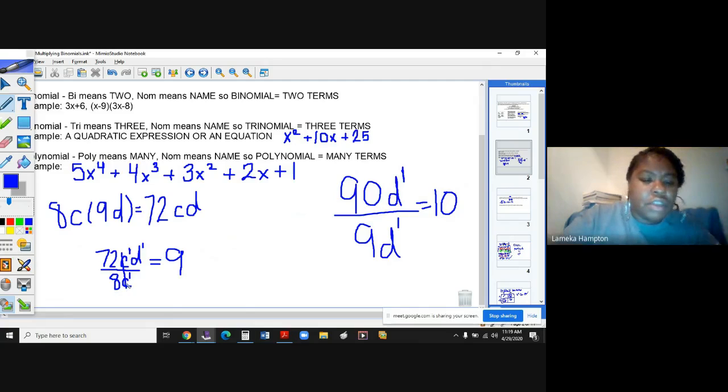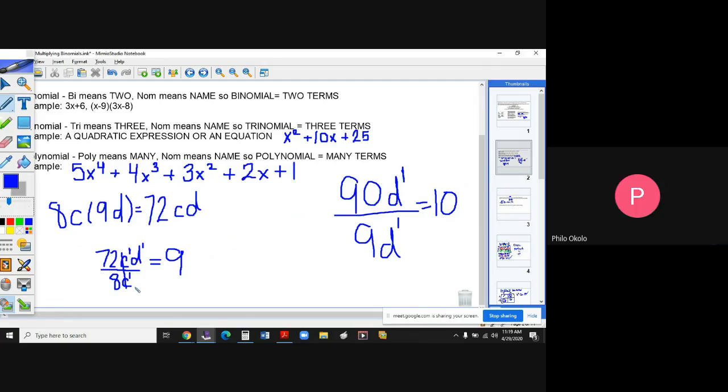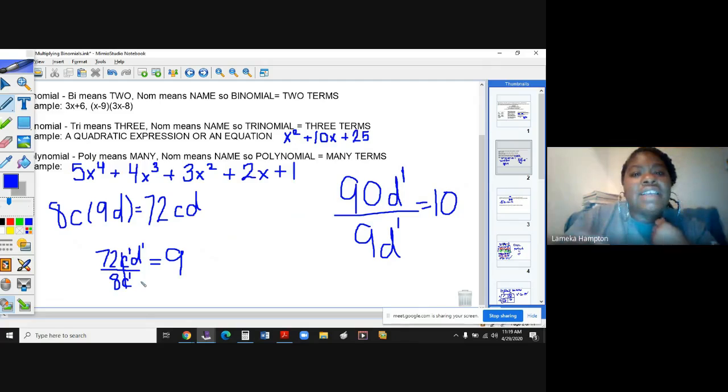Now, I have another question. Do I have a D at the bottom here? No. Because I don't have a D at the bottom, this is the same thing as me saying 1 minus 0. So what's 1 minus 0? 1.